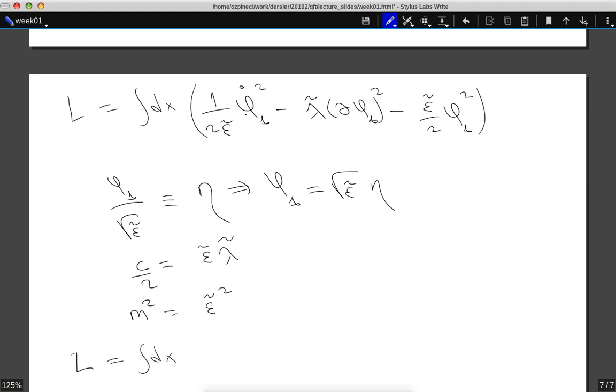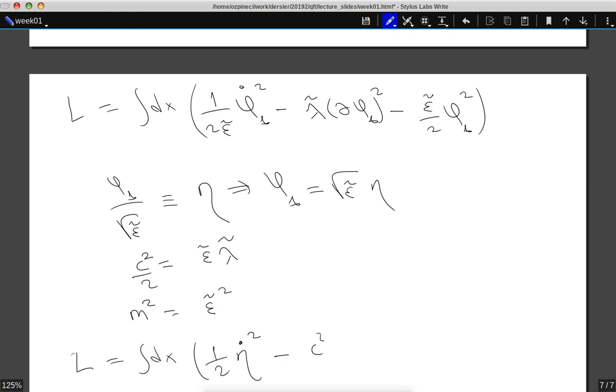So why did I make these definitions? My Lagrangian now looks like this. You see, here I have phi 1 squared. It brings two factors of epsilon tilde, so there's no coefficient. The coefficient in front of eta dot is just 1 over 2.